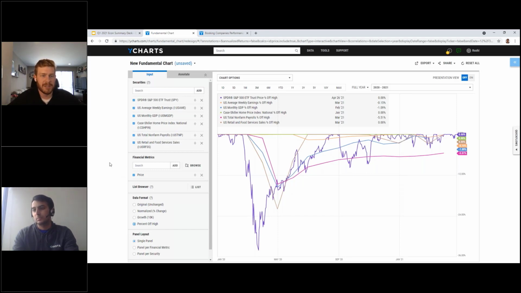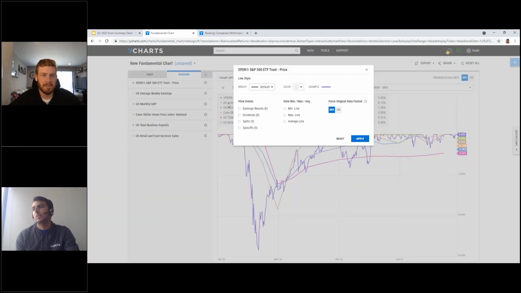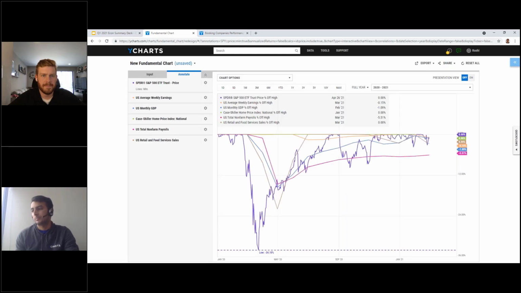And then furthermore, if Rishi clicks annotate there at the top, maybe an easy one just for the S&P 500, Rishi, if you could click an annotation for the minimum line and apply. So now we see that dotted line appears on the chart.